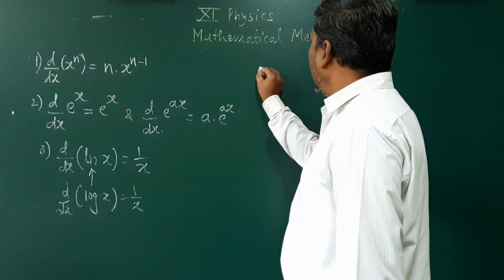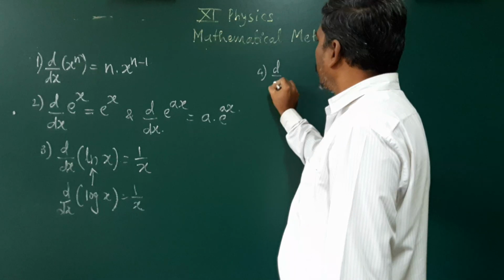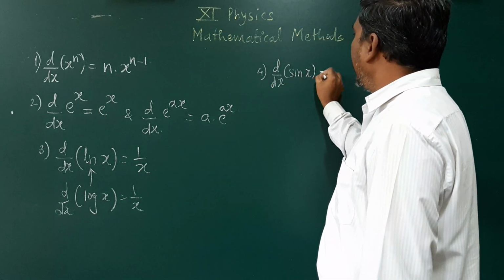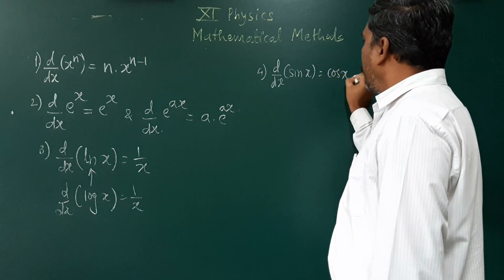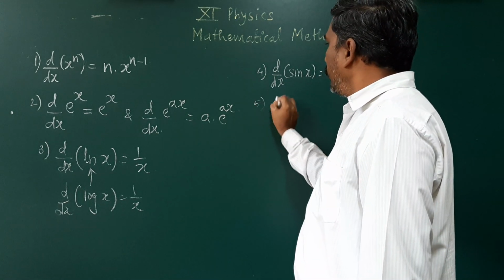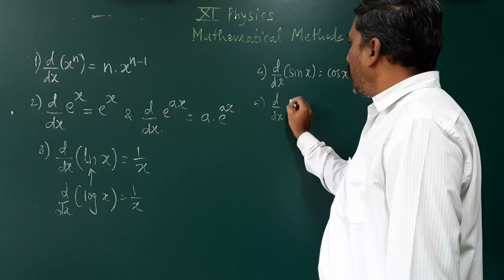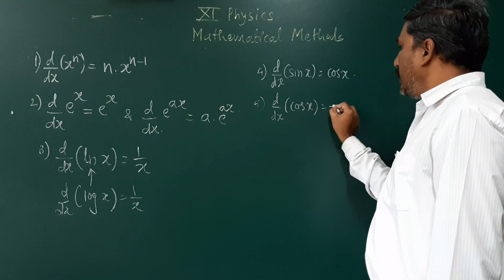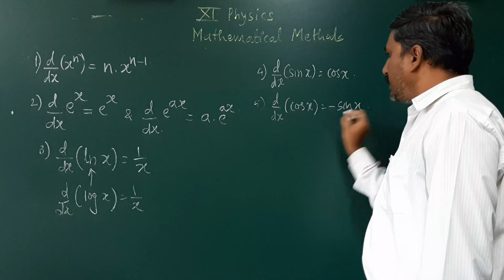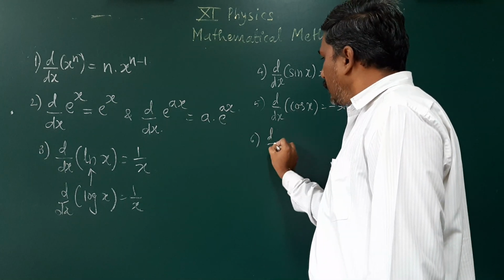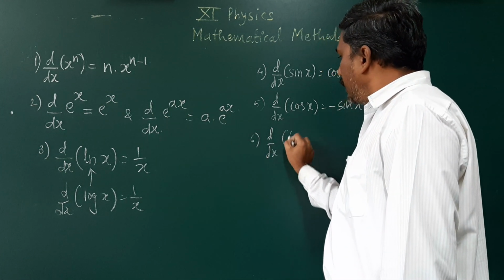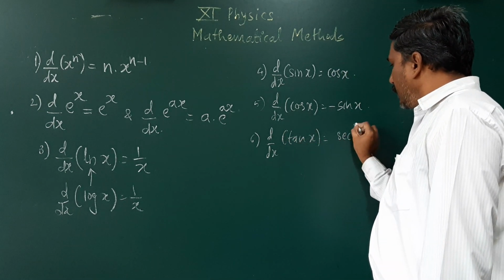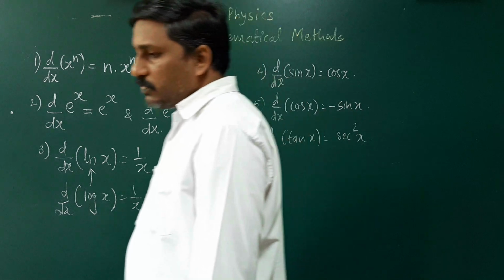Now the fourth is about the trigonometric functions. d by dx of sin x is cos of x. Then the fifth, d by dx of cos of x equals minus sin x. Then sixth, d by dx of tan x is sec square x.